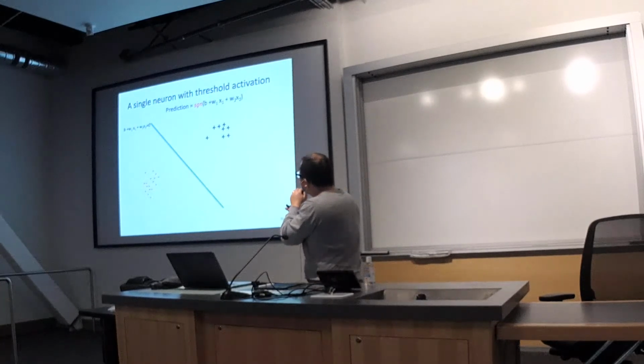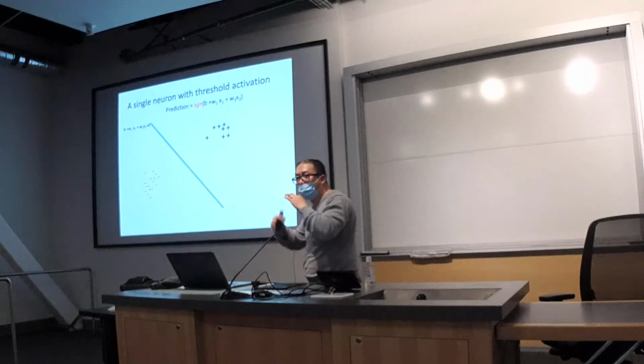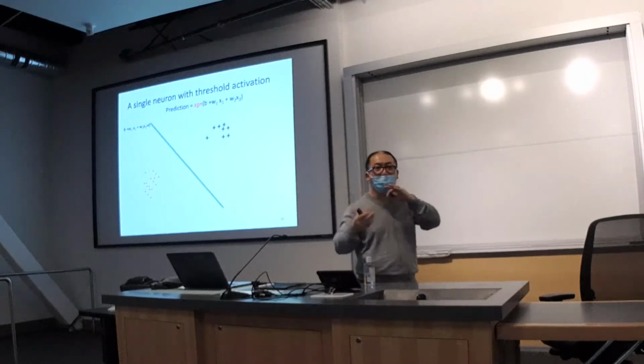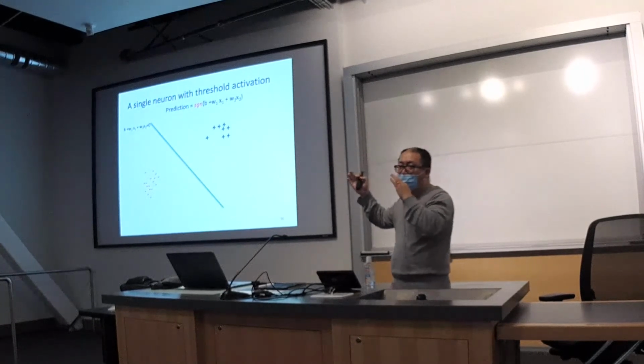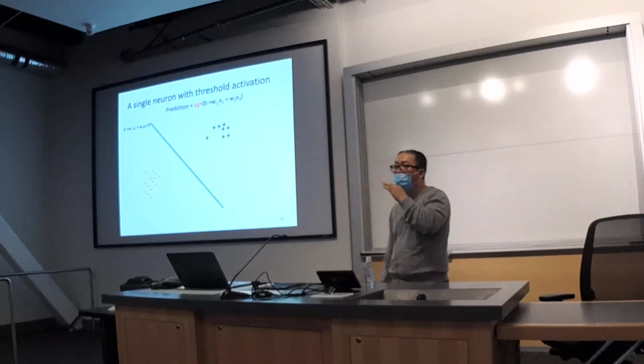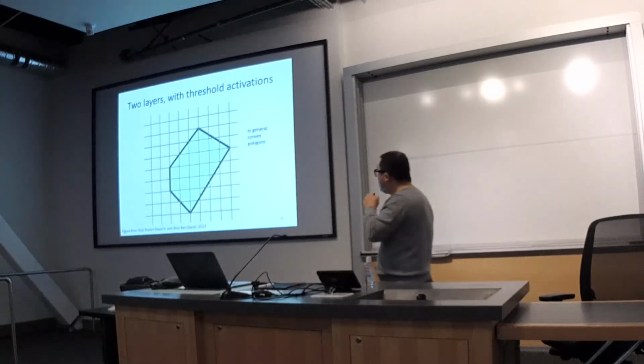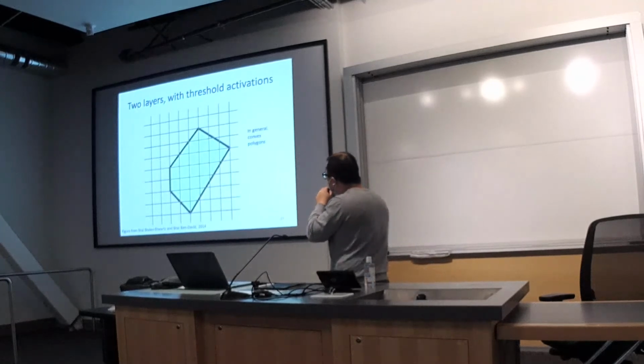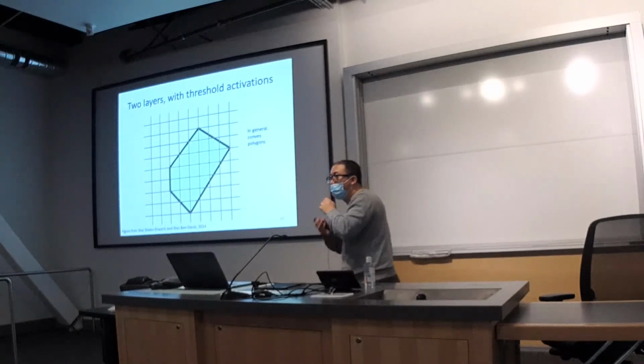Now, if we use this linear threshold unit as a basic brick, and then we build up two layers, connecting them together, then we can show that two-layer neural networks with threshold activation functions can represent arbitrary convex polygons.